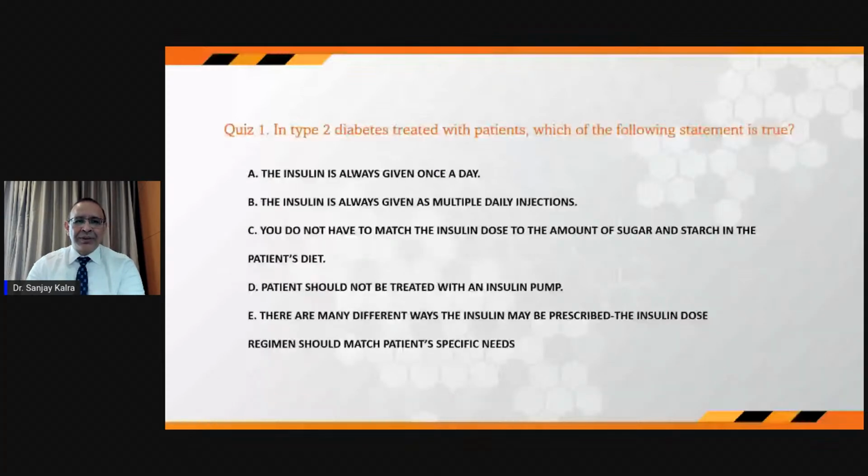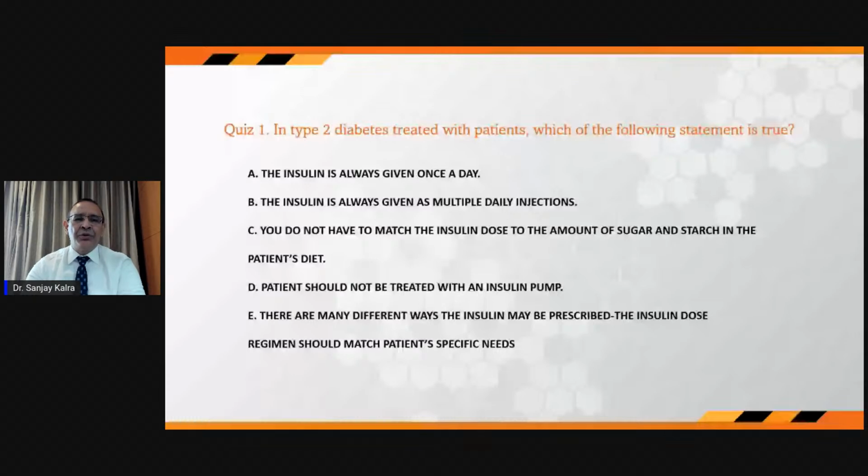Let's move on to our question for today. We have one question today. In type 2 diabetes treated with insulin, sorry for the typo, which of the following statements is true? In type 2 diabetes, is it that the insulin is always given once daily, or always given as multiple daily injections?